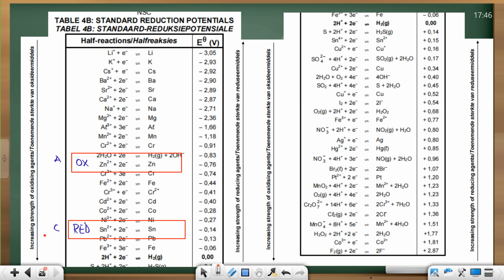If you look at these arrows, this arrow is going down. Maybe you've not noticed it because we just quickly teach you tricks and we run away. Increasing strength of oxidizing what? Agent. That means as you go down, this one is a stronger oxidizing agent than this. Therefore, this is reduced.